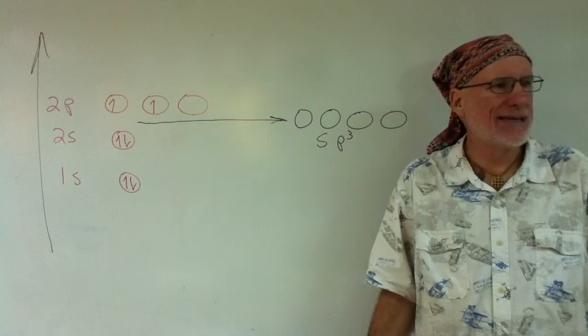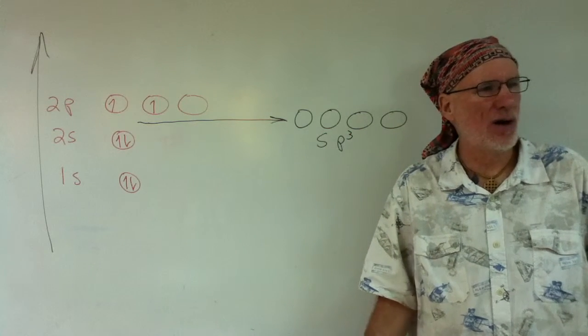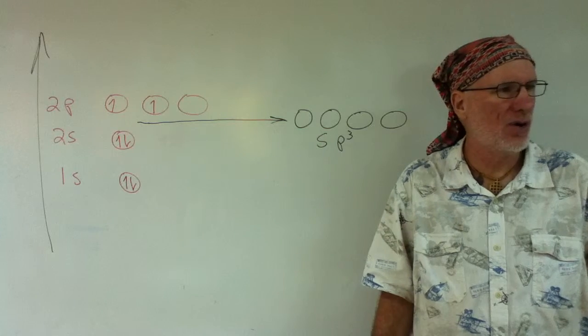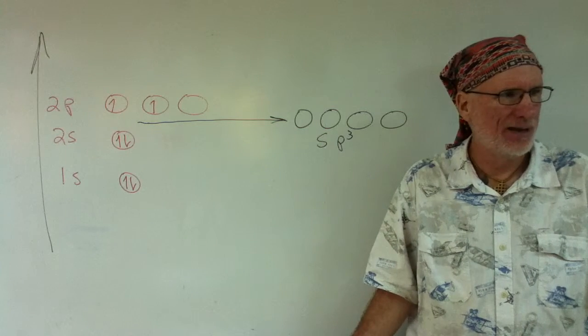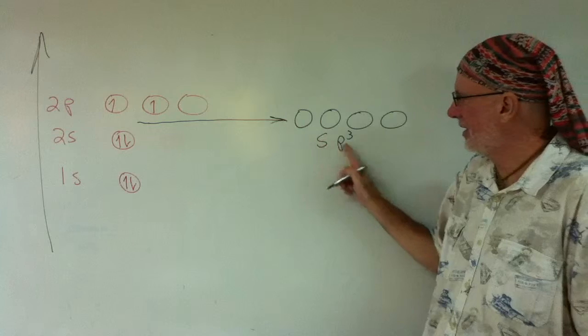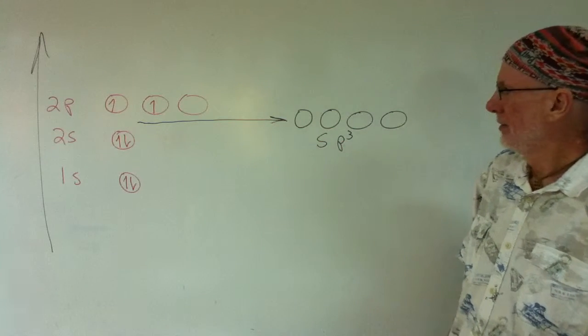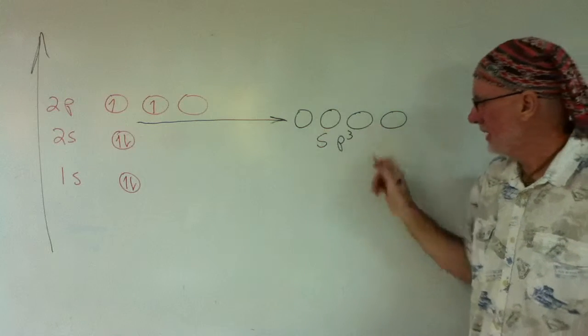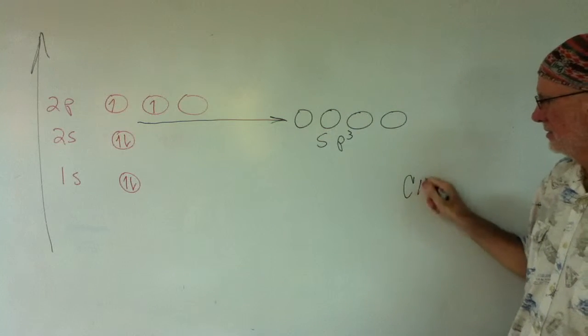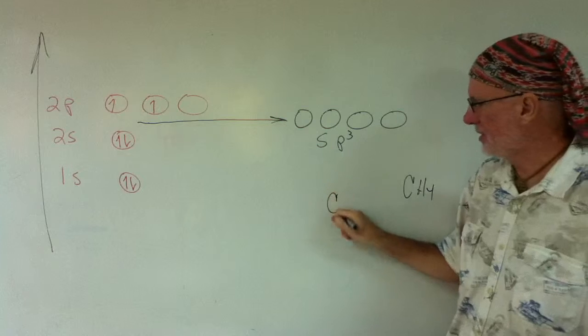Where does it get the name sp3? It just says it's made of 1 old s orbital and 3 old p orbitals. Don't draw any conclusions about this and this. It's a name. Okay?